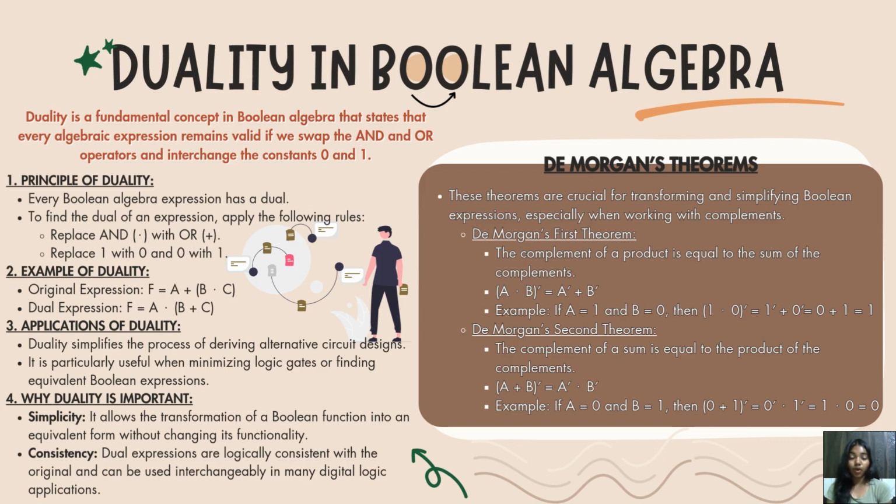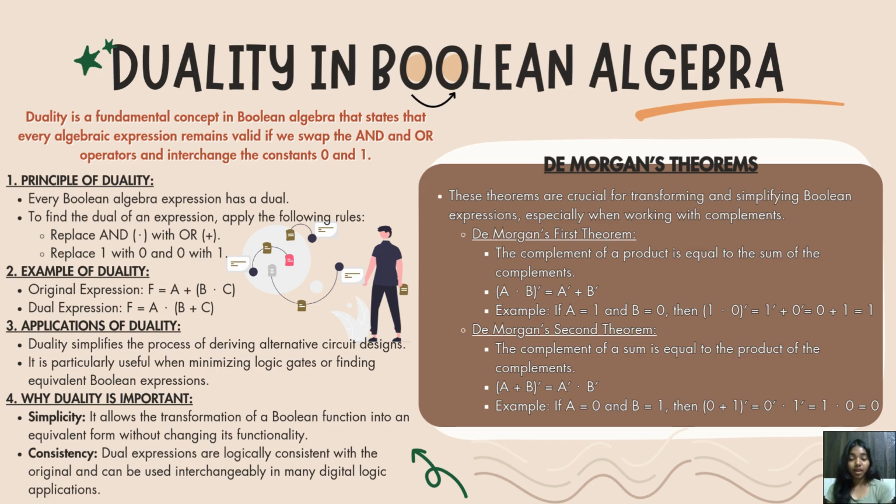To find the dual of an expression, apply the following rules. Replace and with or and replace 1 with 0 or 0 with 1. For example, if the original expression is a plus b dot c, then the dual expression can be written as a dot b plus c.